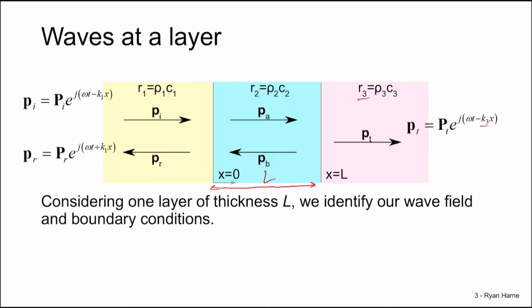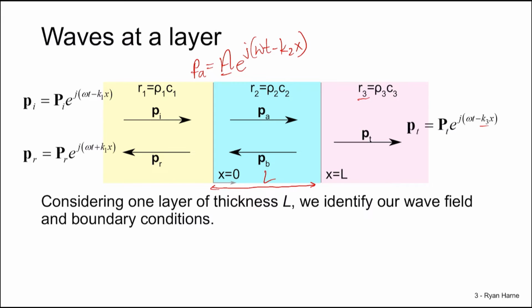The layer that is bounded by the incident and transmitted fields has incident acoustic pressure p sub a with complex amplitude capital A and then e to the j omega t minus K2x.